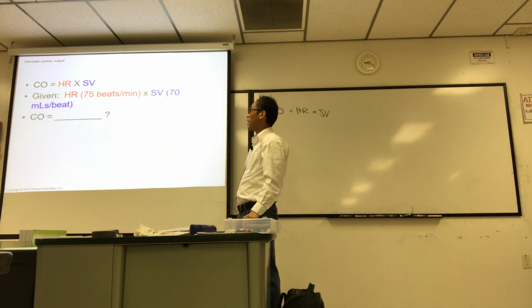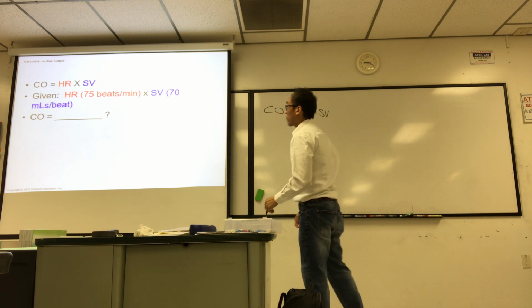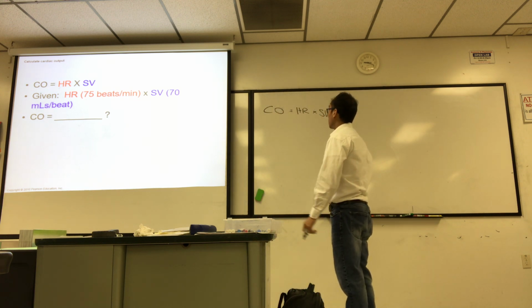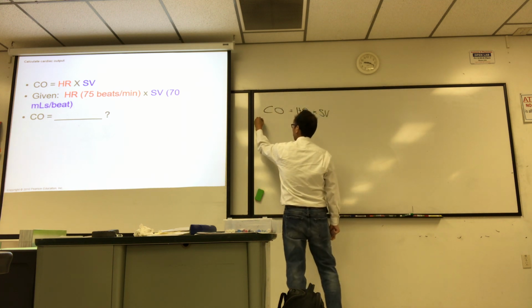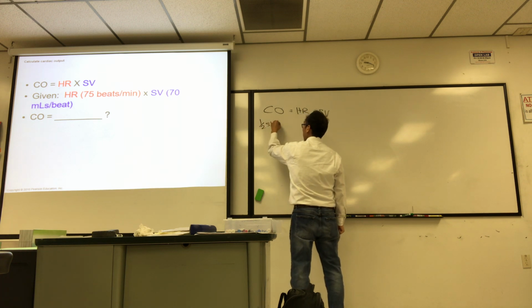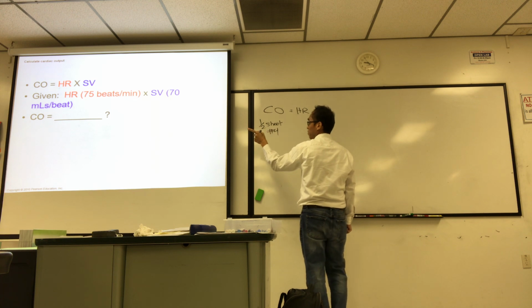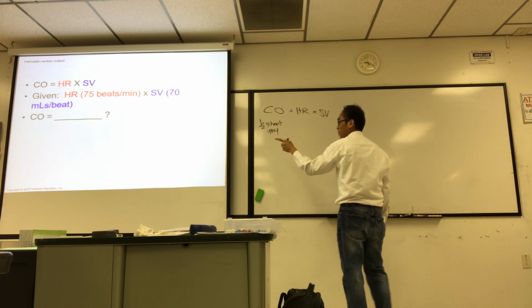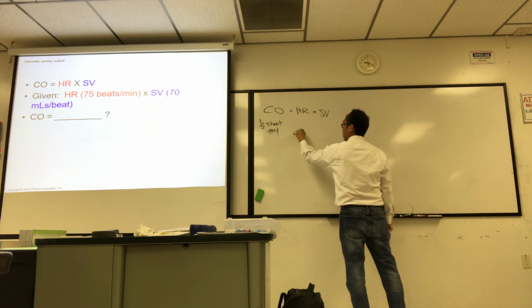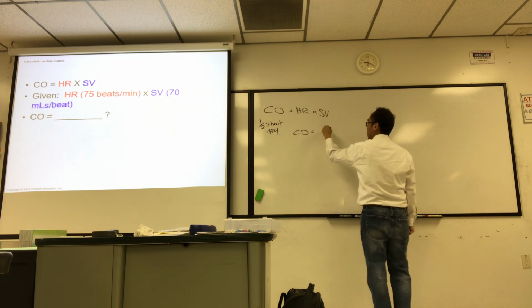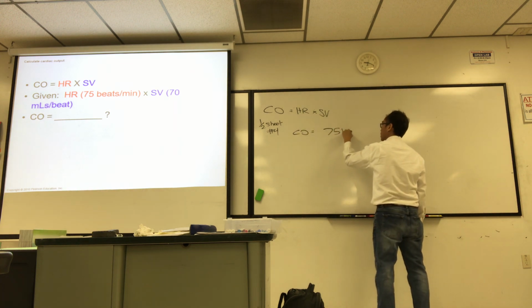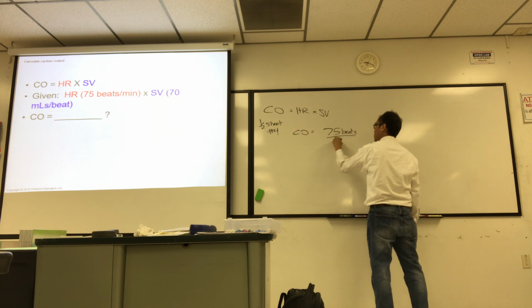So, for example, given that information, could you do the math? Let's do this together on your half sheet. I want to see that you can do it. We're on number 4. Calculate cardiac output given that. We're going to do it together here. Cardiac output equals 75 beats per minute.